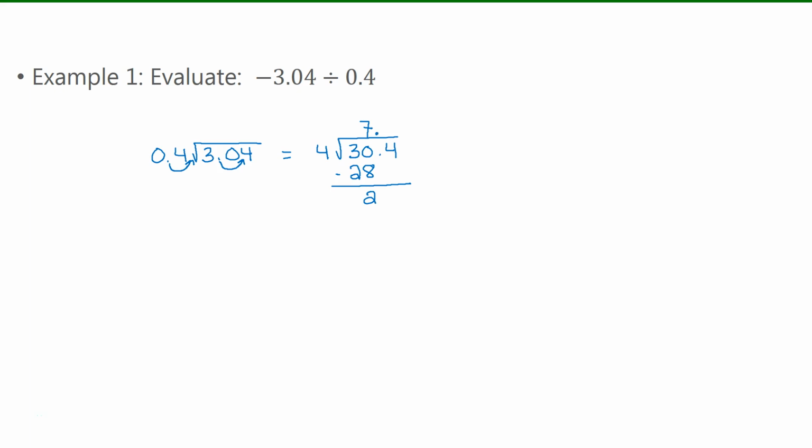I'm going to make sure I place my decimal here so it lines up. Bringing down my 4 now. 4 into 24 is 6. Then that gives me a 0 remainder. Now for the sign. I have a negative divided by a positive. That's going to give me negative 7.6.